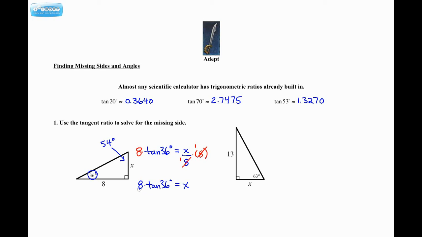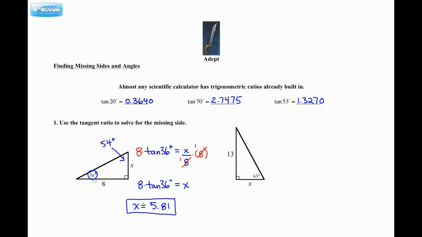Well, I can just put this into my calculator. So I type 8 times tan of 36 equals, and I'm going to get a decimal, but oh well. I'll go to the nearest hundredth this time. So this x is approximately 5.81. And that number should seem reasonable.